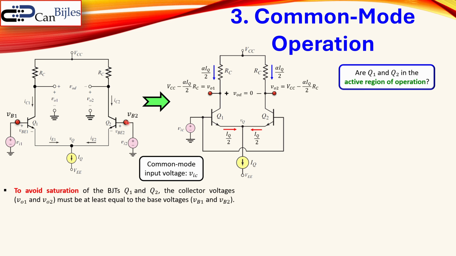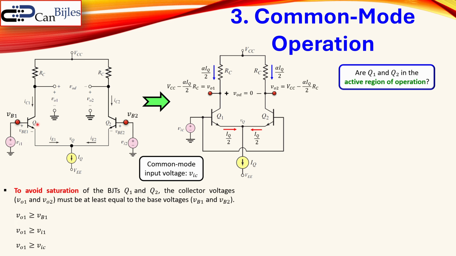So for the BJTs, the condition is the collector voltages must be at least equal to the base voltages. That's actually the condition we have to check, and also we have to fulfill. So we can say VO1 is larger or equal to VB1. We can also say that VO1 is larger or equal to VI1. That is the same condition.